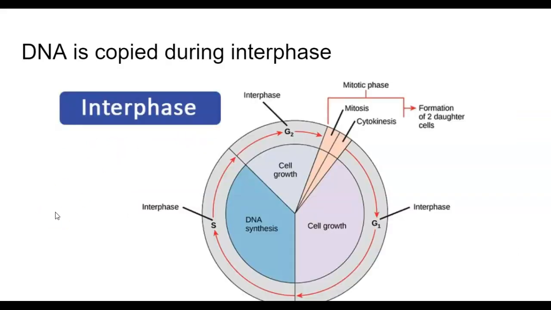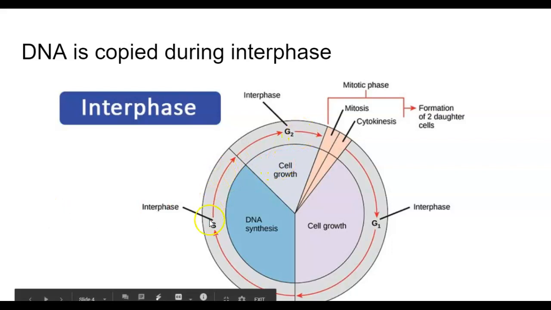All right, next thing I need you to write down: DNA is copied during interphase. Remember when we talked about mitosis? PMAT are the stages. Interphase was this whole outside gray part, right? 80 to 90% of the cell cycle is interphase, okay?